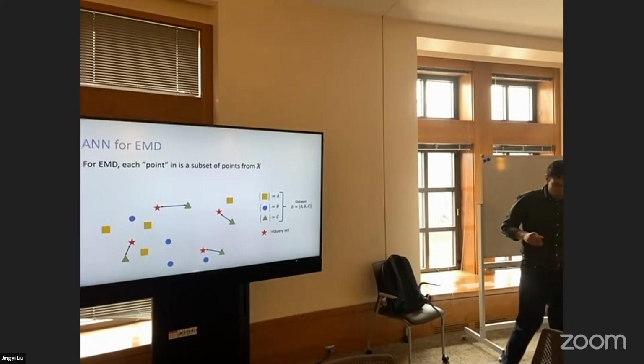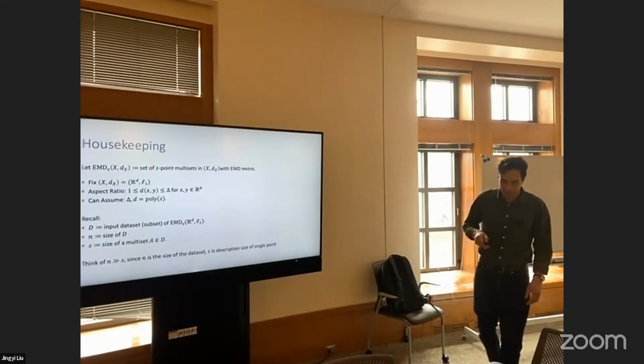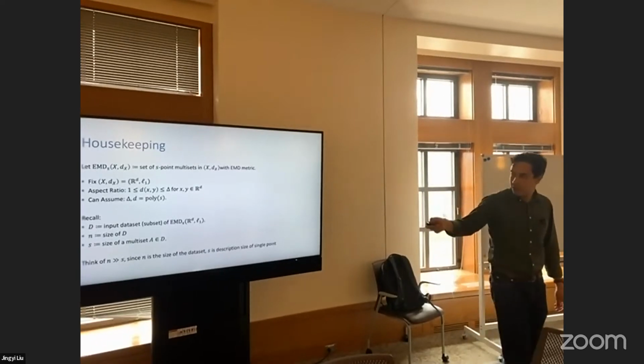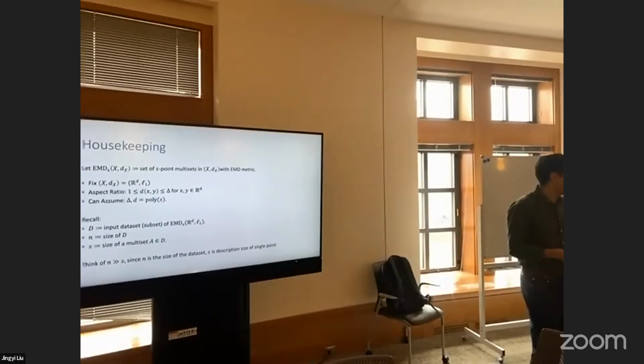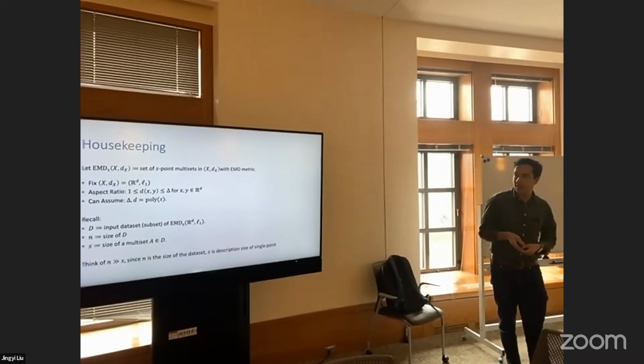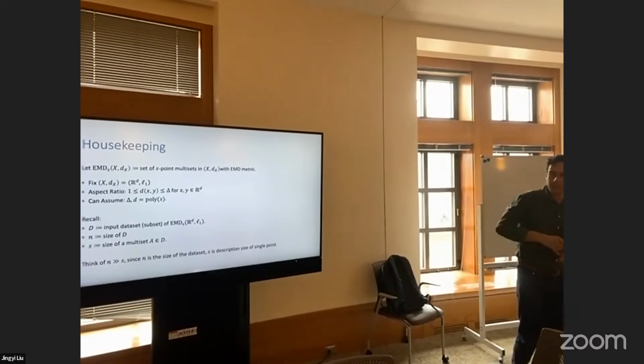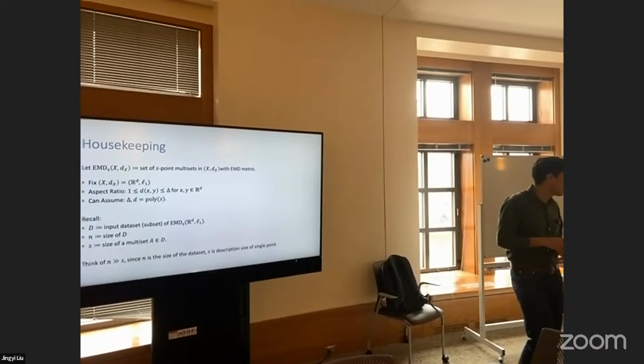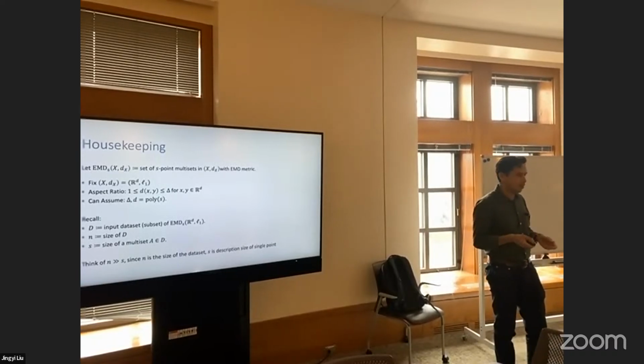OK, so before we go further, I have to do a bit of boring housekeeping. I'm going to use this notation, EMD_S(X), for the metric space of S-point subsets of X under the EMD metric. For the rest of the talk, X is just going to be a d-dimensional space under the L1 metric. The reason we use L1 is that it's more general than L2.